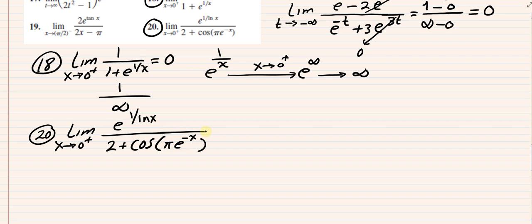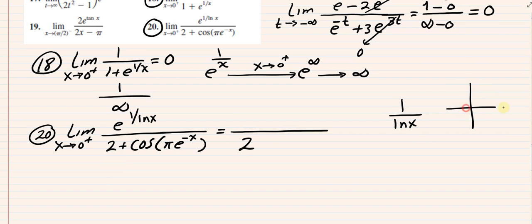Alright, so for number 20, let's see. As x approaches 0, that's a constant, so we're just going to have 2. Then 1 over ln of x. As x approaches 0, remember the graph of natural log of x?